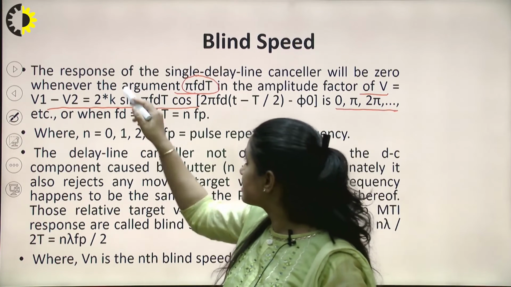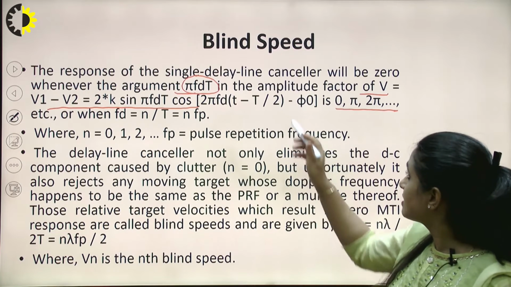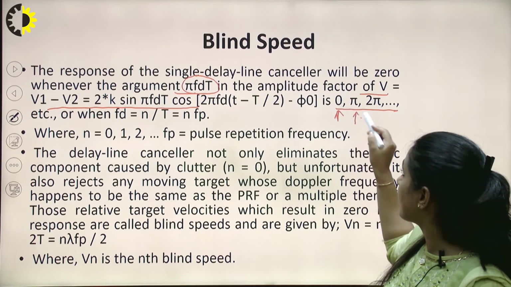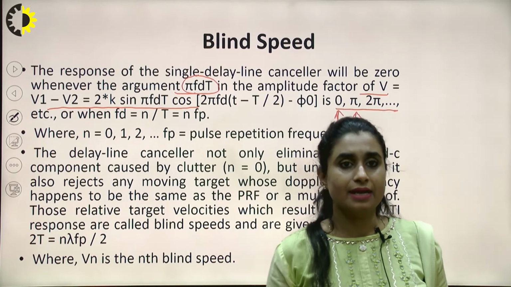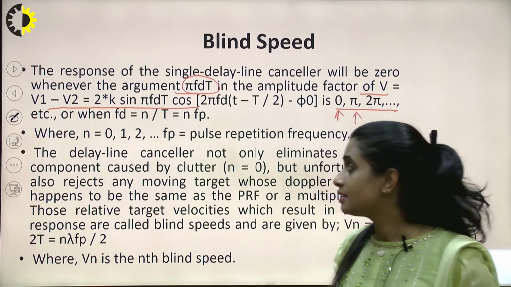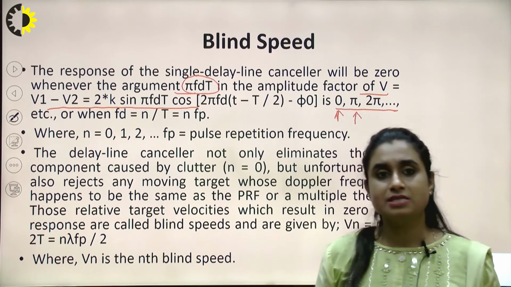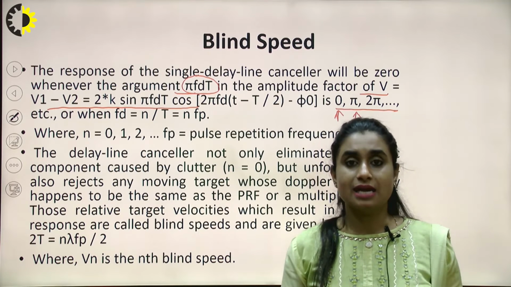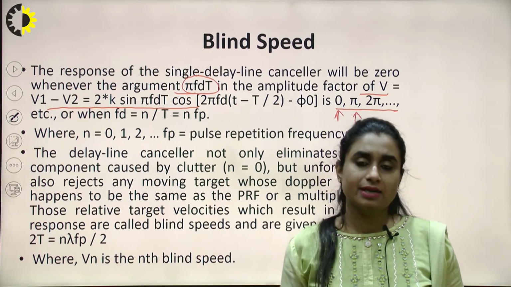As this is a sine, it is 0 at what points? When the angle is either 0 or pi or an integer multiple of pi. When this is 0, the response, that is the difference, completely becomes 0. And when it gives no response, that is the blind point, right?